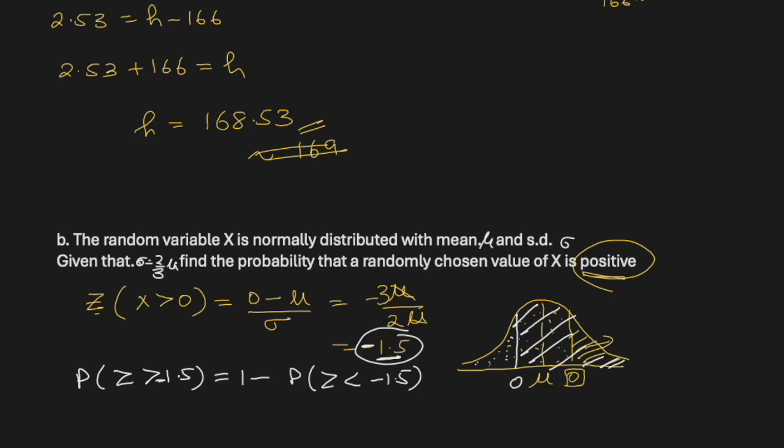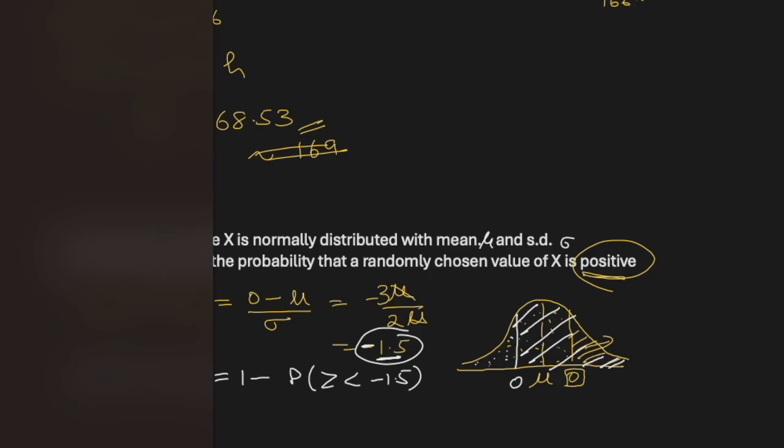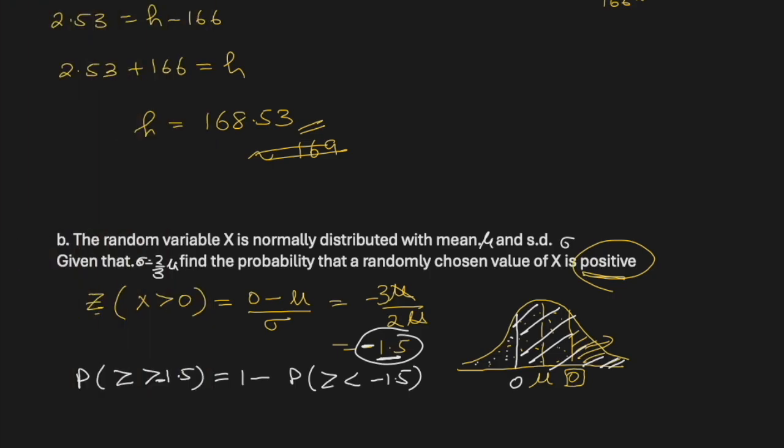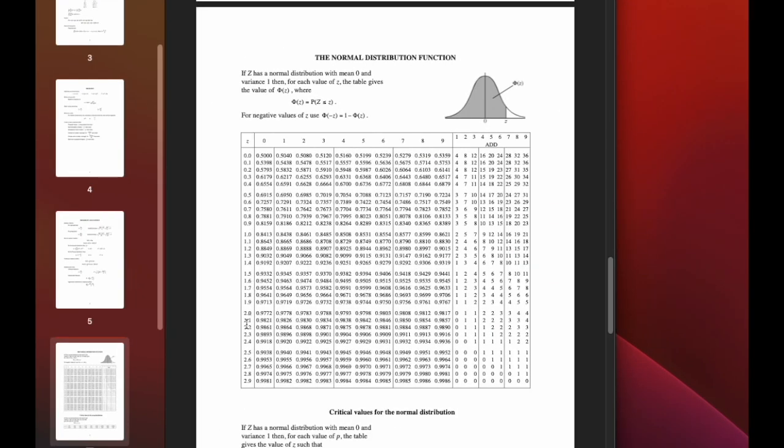Let me go back to our table and see what I get as probability for negative 1.5. We don't have any negative here, so we'll take positive 1.5, 0.9332.